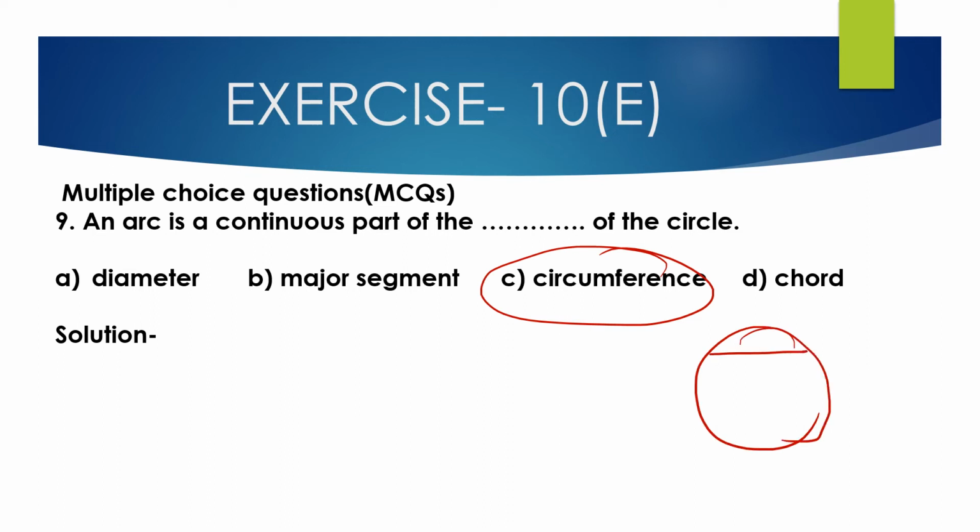This is the arc, ACB the arc. So an arc is a continuous part of the circumference of the circle. So option C is the correct option. So circumference is the answer.